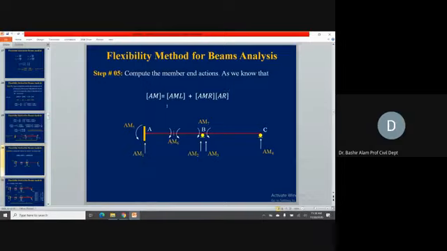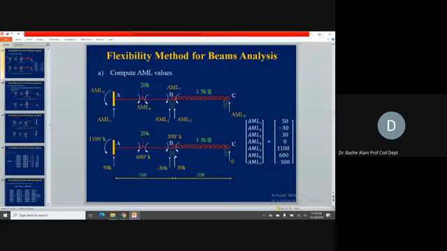When you do this, you can find all the member end actions, which include the shear forces and the moments at the member ends. After that, we can write those on the structure. The structure is fully analyzed, and then looking at the loading diagram and these shear force and bending moment values, we can very easily draw the shear force and bending moment diagrams.